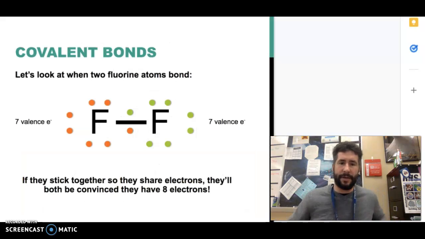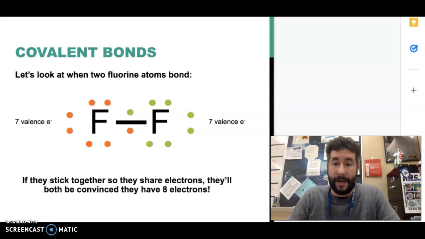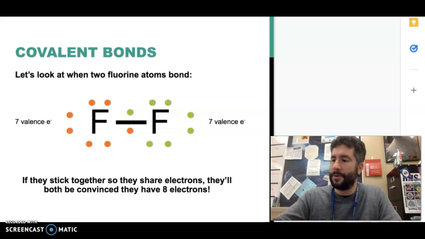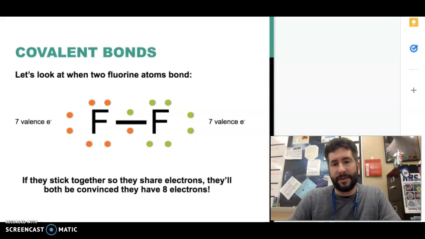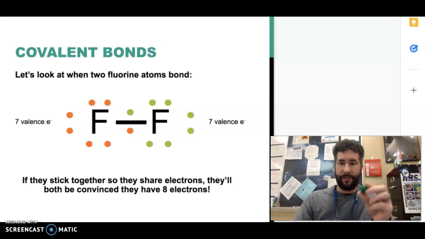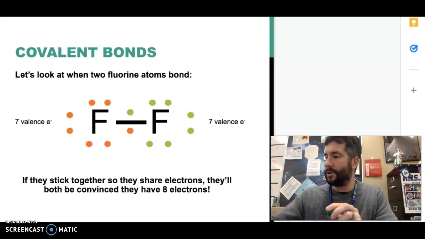The big idea here is we think about 2 fluorine atoms. Again, covalent bonds are going to be nonmetal to nonmetal. Fluorine has 7 valence electrons, which means it really needs to gain 1 to get to 8. If this fluorine is trying to gain 1 to get to 8, and this fluorine is trying to gain 1 to get to 8, they're both going to try to gain each other's.